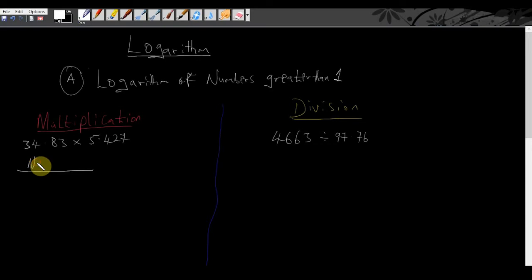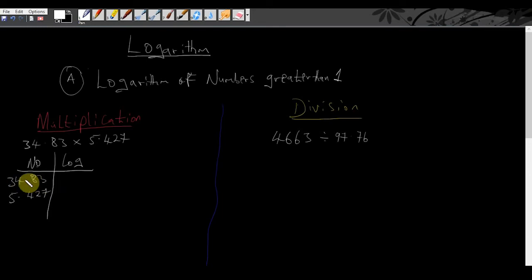This is number, then this is your log part. Write these numbers in this form, 34.83. Then write the other one under it, 5.427.